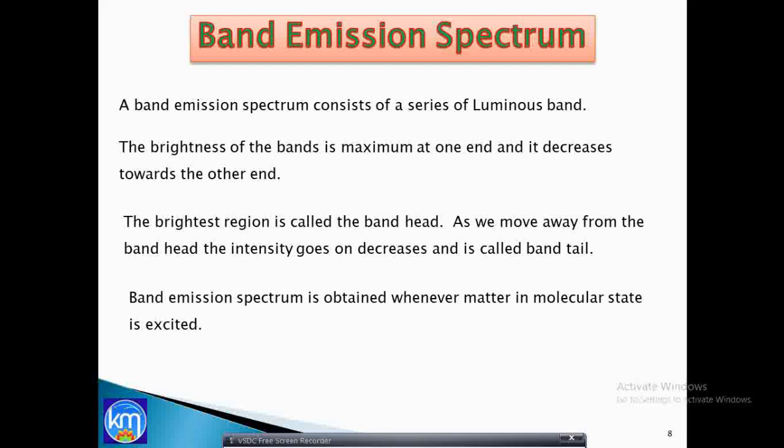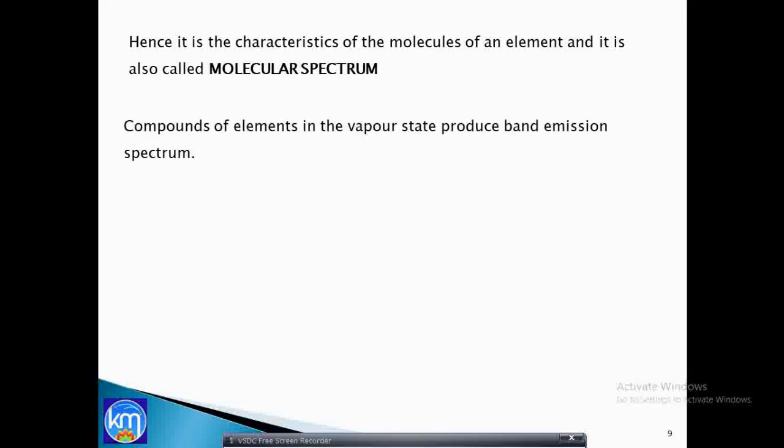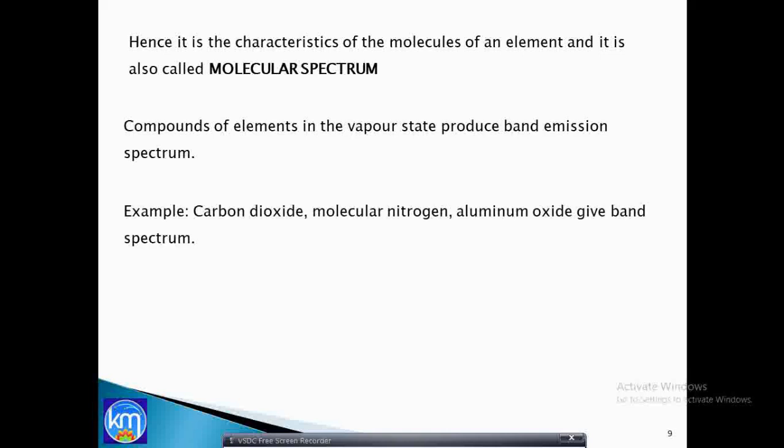Whenever we have compounds of elements in the vapor state, that is, in the molecular state, they produce a band emission spectrum. Examples are carbon dioxide, molecular nitrogen and aluminum oxide. When they are excited, you get this band spectrum.